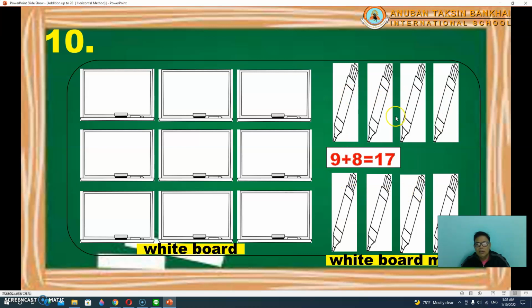So, 8 whiteboard markers. So 9 plus 8 equals 1, 2, 3, up to 17. So 9 plus 8 equals 17.